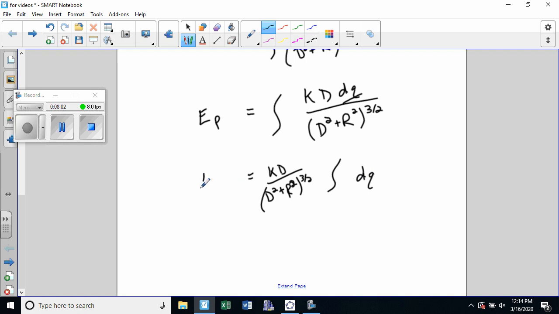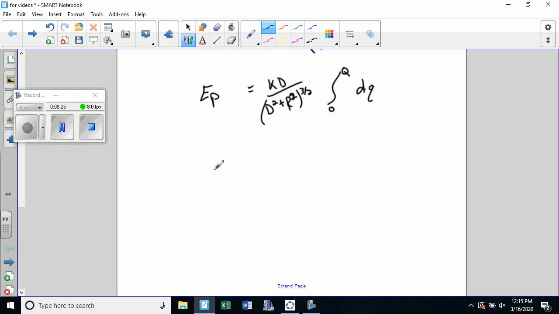Well, it's probably a good time now to decide what my integration bounds are. How do I make this a definite integral? Well, when you start out, you've added no charges and no contribution of charges to get that electric field. And at the end, once you've added them all up, you should end up with a total charge of capital Q. Great. Well, that's an integral that I'm prepared to do.